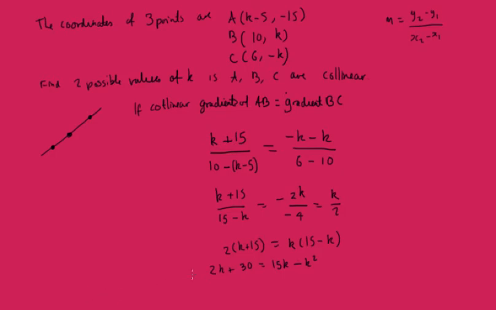Bringing them all together, we'll have k squared minus 13k plus 30 equals 0. Now we just factorise: k minus 3, k minus 10 equals 0, so k will be either 3 or 10. And that is how we do that one.